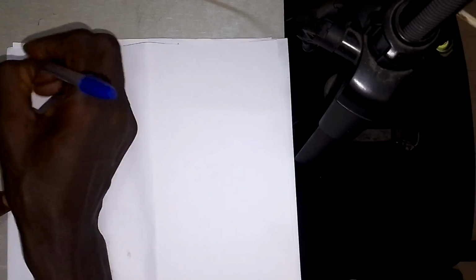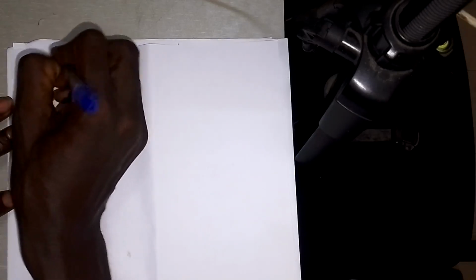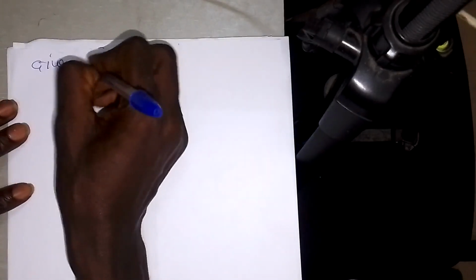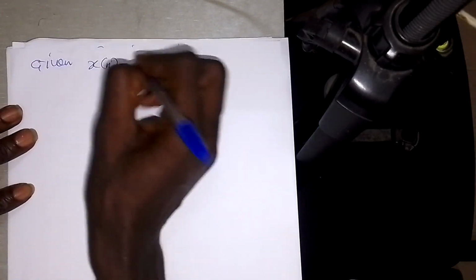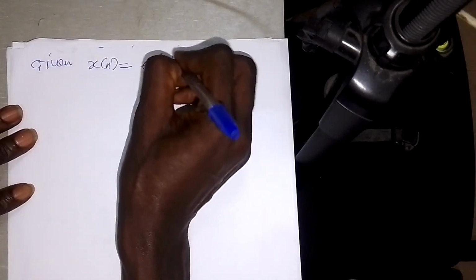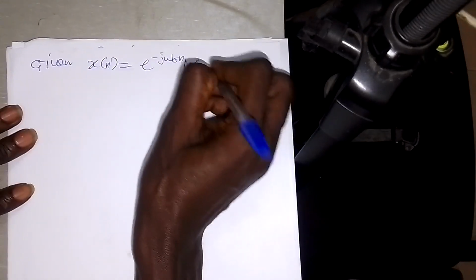Among the questions we are given x of n equals e minus j omega naught n into u of n. I think this is very simple.